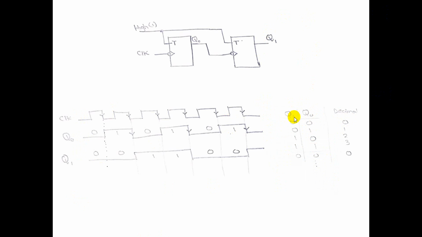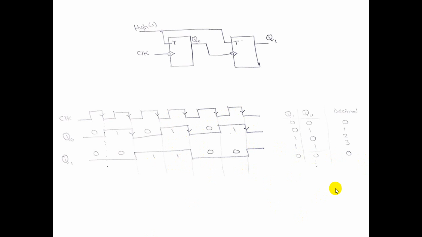Initially, you can see the value 0. So the first time, Q0 and Q1 are 0, 0, and the decimal value is 0. For the next time, Q0 is 1 and Q1 is 0, which is basically 1 in decimal. Similarly, it will become 0, 1, which is 2, and 1, 1, which is 3 here. And it will again start to repeat the same pattern.